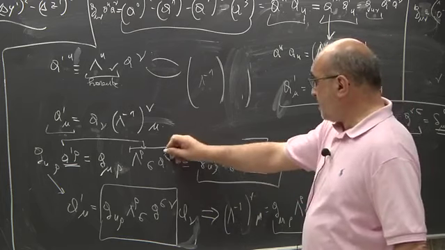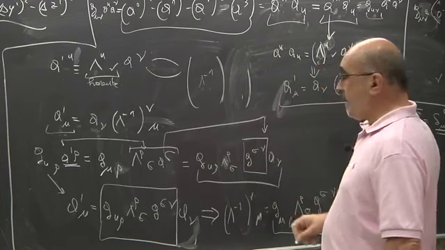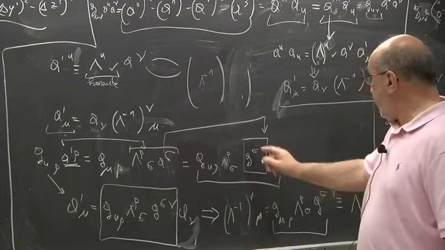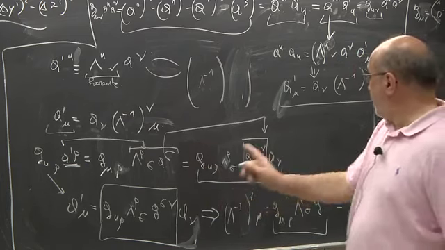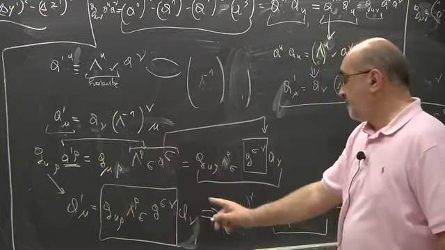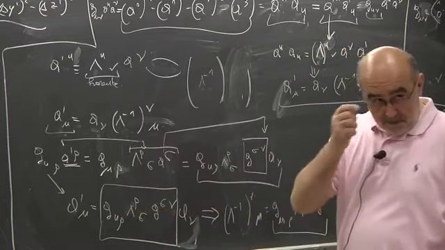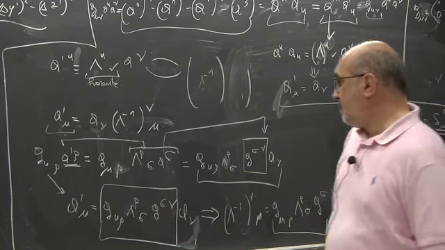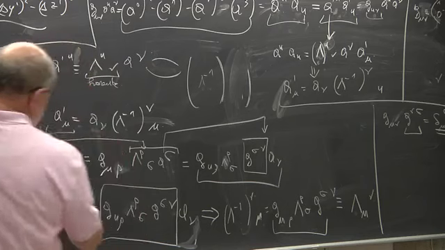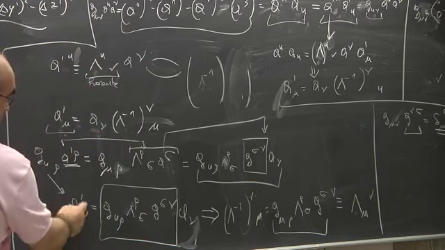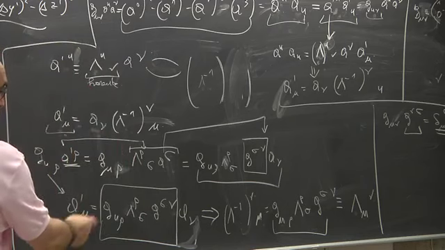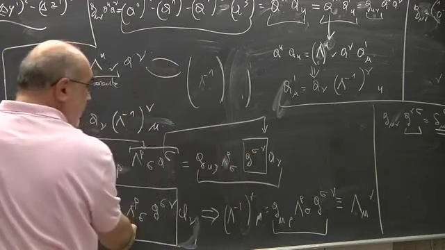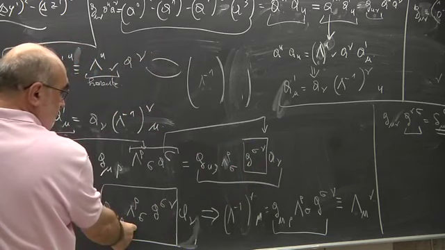Now, this object I write in this manner, and so on. You understand? And then from here you get this relation. We use that one and the previous one to find the result. Now, this one, you agree that it is nothing else than this. Okay. We have got that relation, so we put it here. Okay?